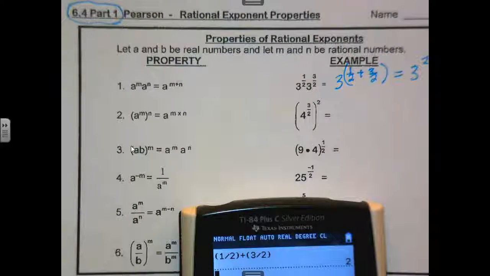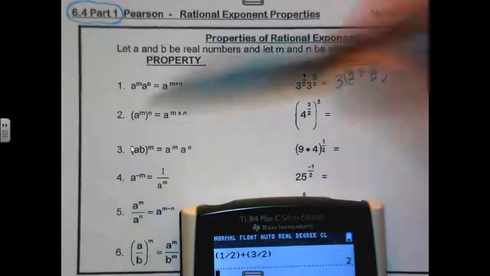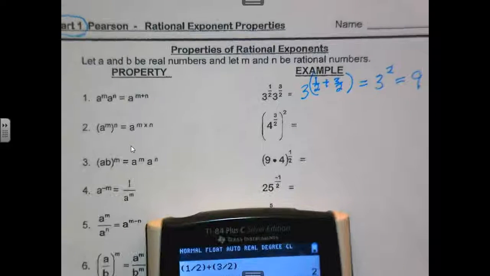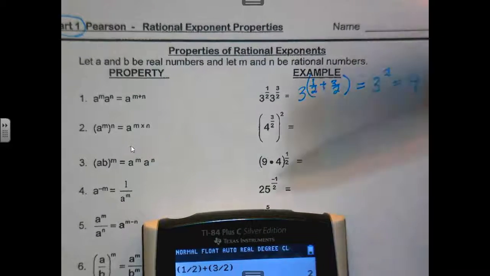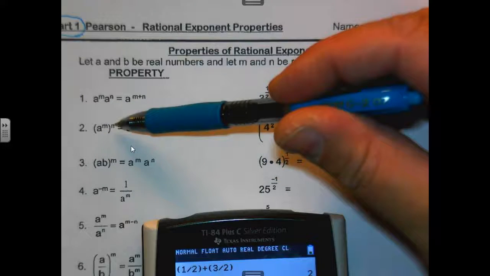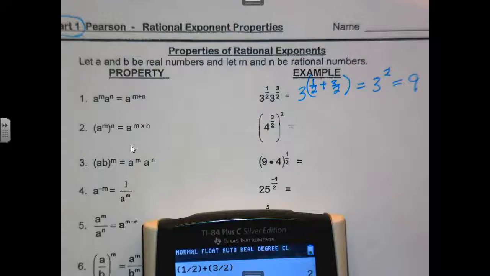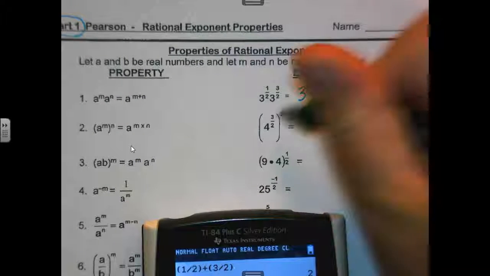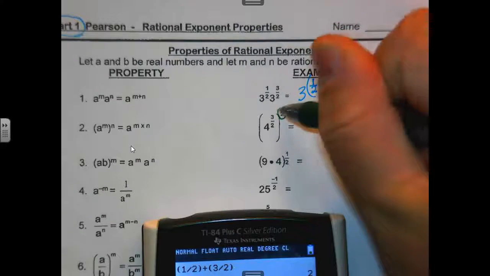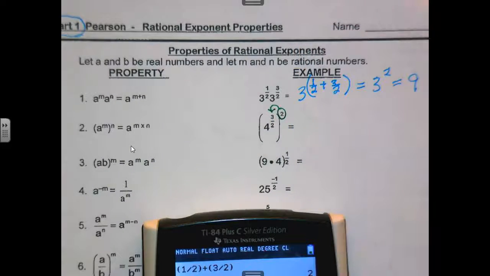Okay, when I have a power of a power, when I have a number outside of parentheses, what do I do with the exponents? Multiply. Okay, for example, I take the 2 that's outside of the parentheses and I multiply it by 3/2.